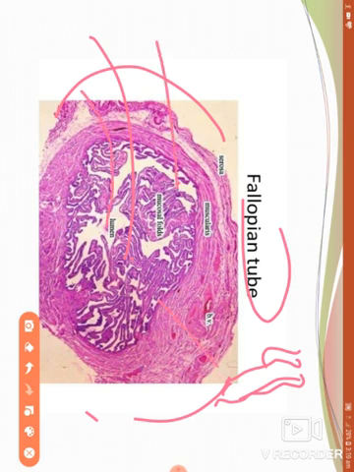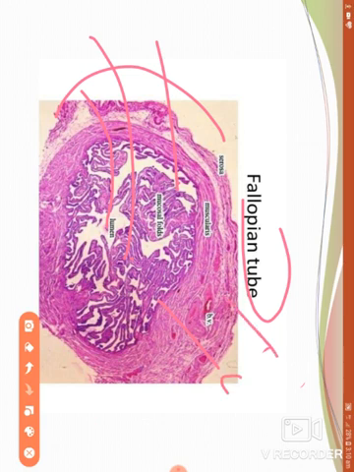This is the muscle layer, which consists of an inner circular and an outer longitudinal layer. Then the outermost layer is the serosa, lined with connective tissue and squamous cells. So this is the structure of the fallopian tube: from inner to outer, mucosa, muscle, and serosa.